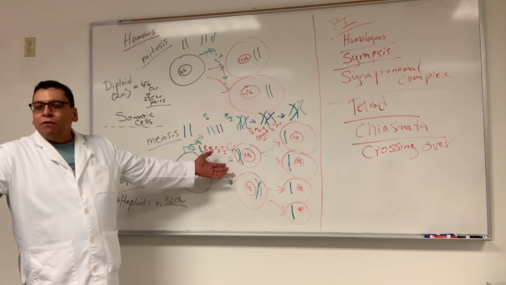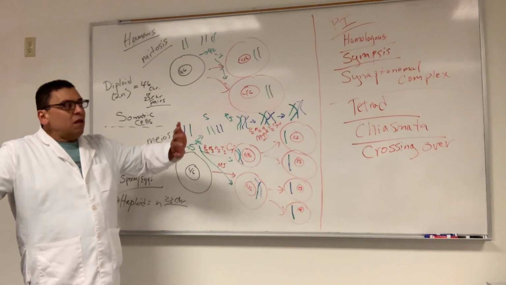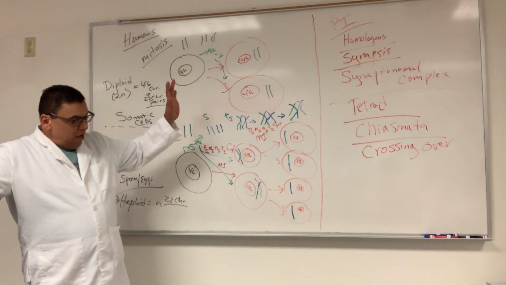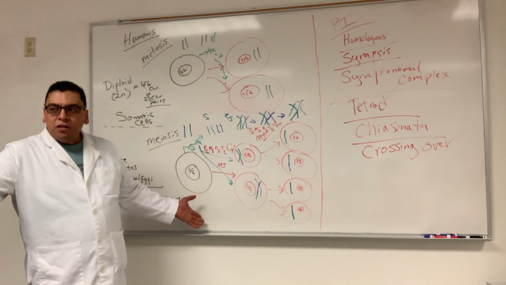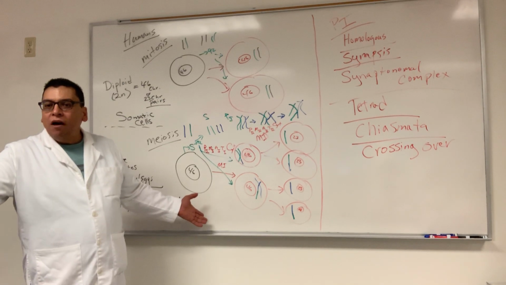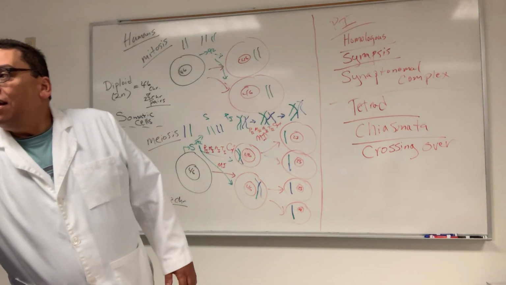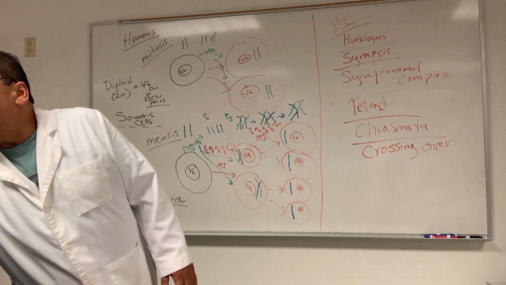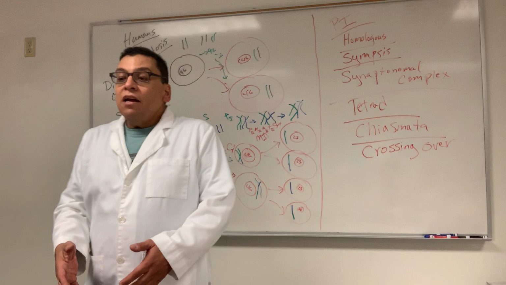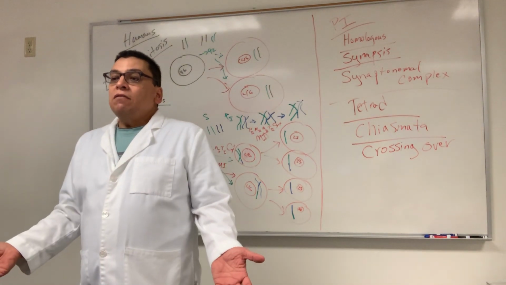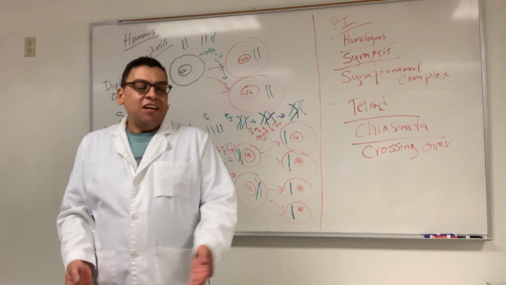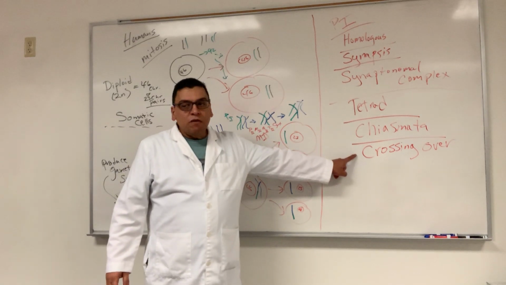This is a critical thinking question. Based on what I said, when does the variation begin? At the point of crossing over. You can say, when are the cards shuffled? When they're shuffling. During crossing over, that's when variation begins.